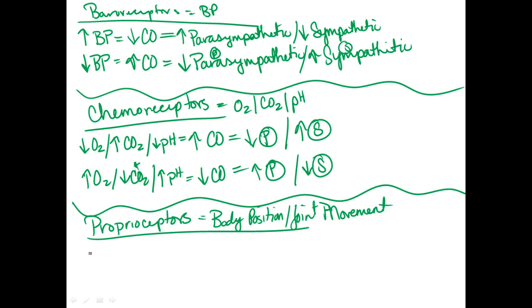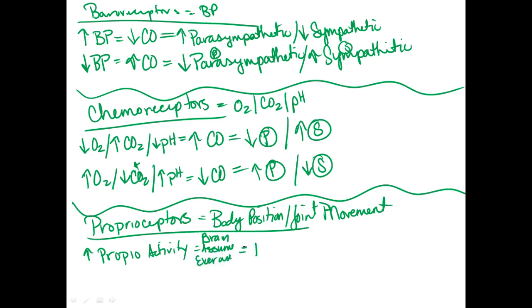Let's say we all of a sudden notice increased proprioceptor activity. This would mean that your brain assumes you are going to exercise.